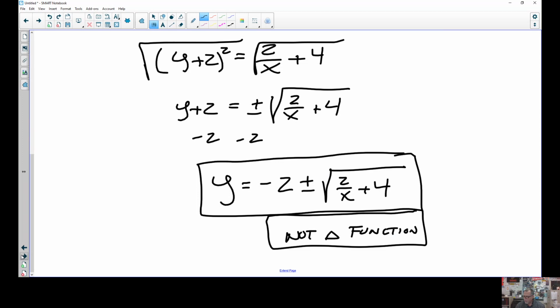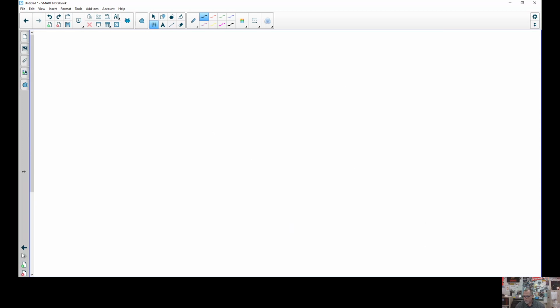One last thing that I want to cover, and that is this idea. All right. Given f of x equals, let's just say, let's do a basic one, 5x plus 3.